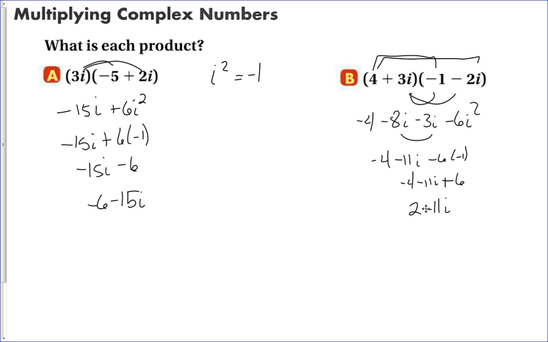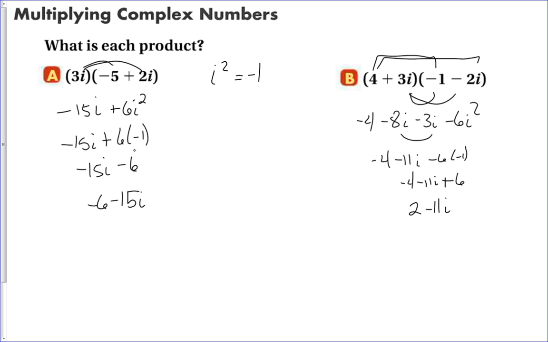All right, so when you're multiplying complex numbers, like the first example, you're simply going to distribute the 3i through, and anytime you get I to a power, like here we got I squared is negative 1, so you got to put in the negative 1.